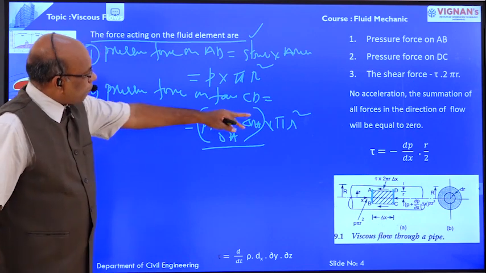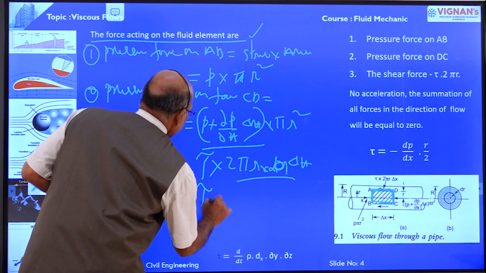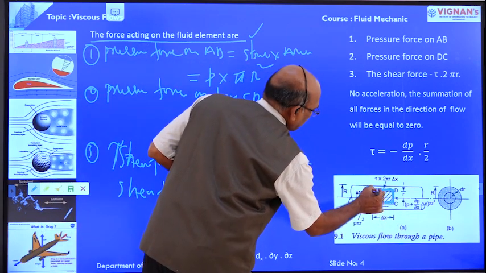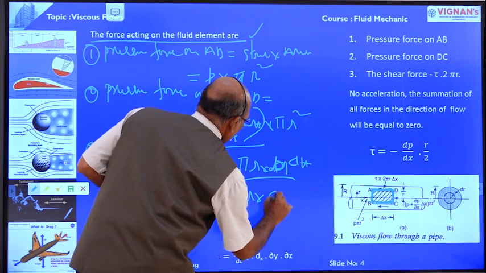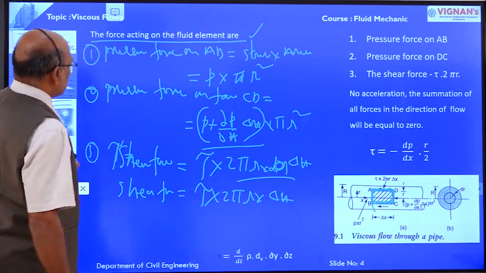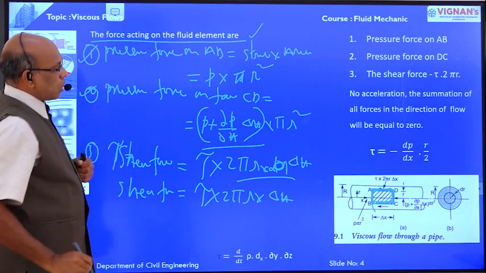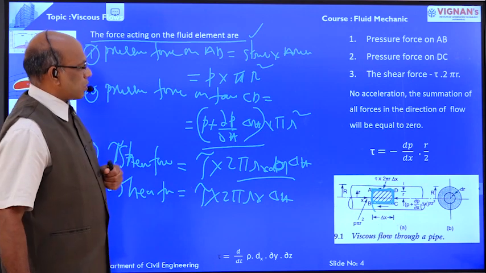Shear force is equal to shear stress into the elementary strip area, 2 pi r is the circumference, into delta x the length. Here we have three forces: pressure force on AB, pressure force on CD, and shear force.